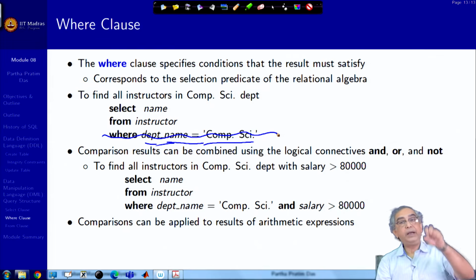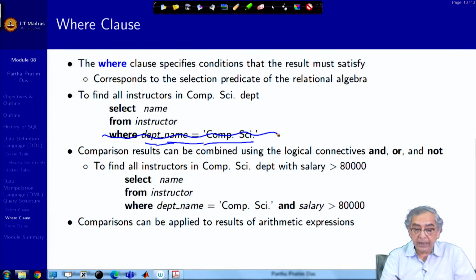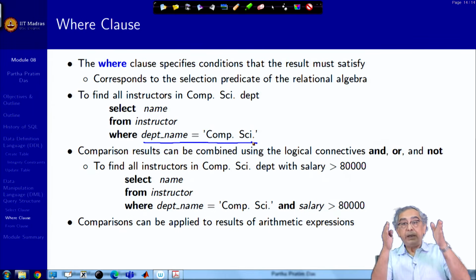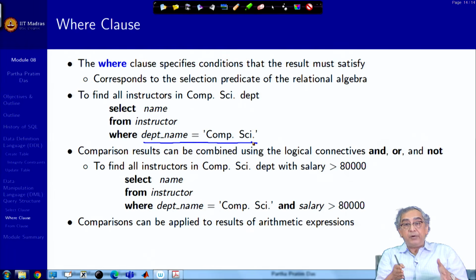You are taking all names of instructors, but instead of taking all names, you are putting this condition. That is, you will not take all names from all tuples. You will select only those tuples where the department name is computer science. So you are becoming selective.